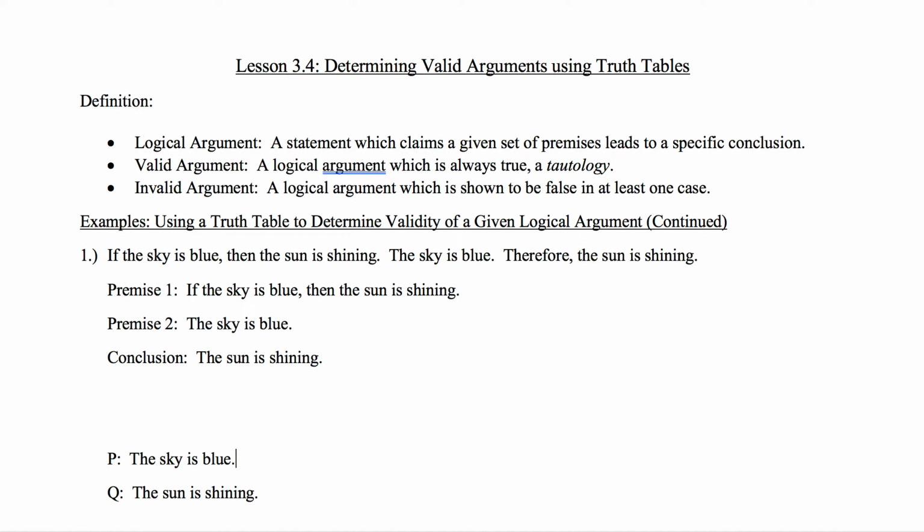Now that I've decided that, I'm going to come back up here to these statements and write them in terms of P and Q. The first statement says, if the sky is blue, so that's the P, and we know that this is an if-then statement, so I'll do my arrow that points in one direction. Then the sun is shining, and that's the Q part.